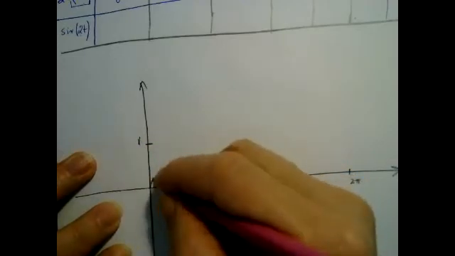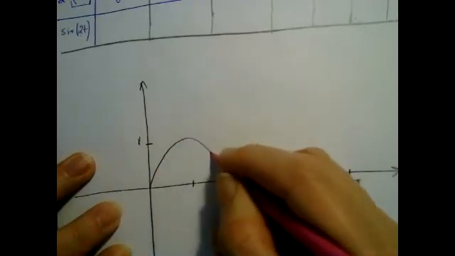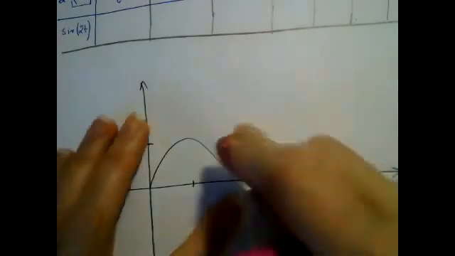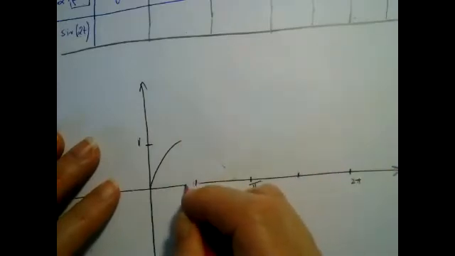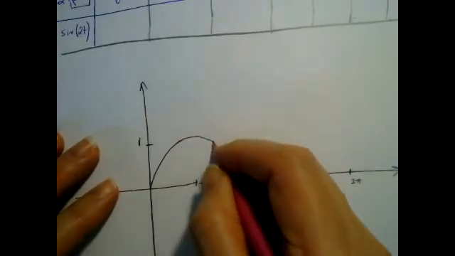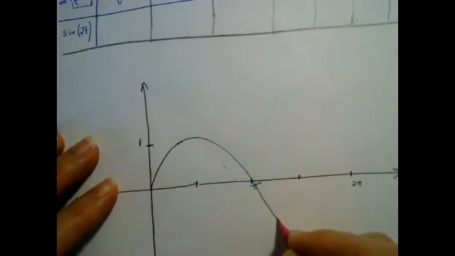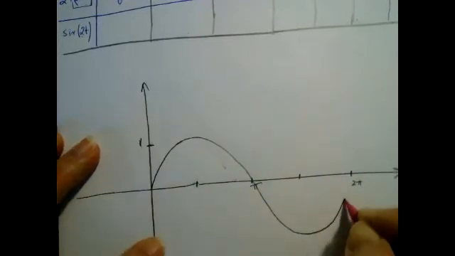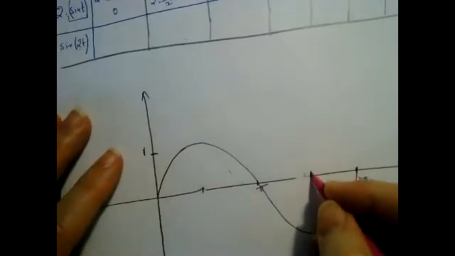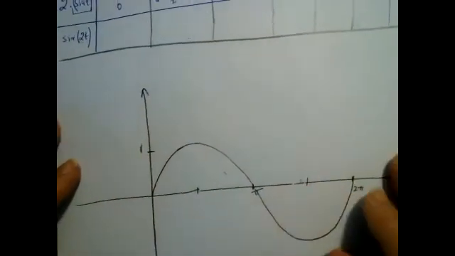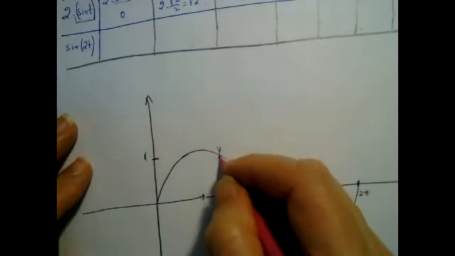So the sine, we know it goes up. That's my pi, so that's halfway through. It's going to go up to 1, go down, go up. That's the sine. And that's 3 pi over 2.